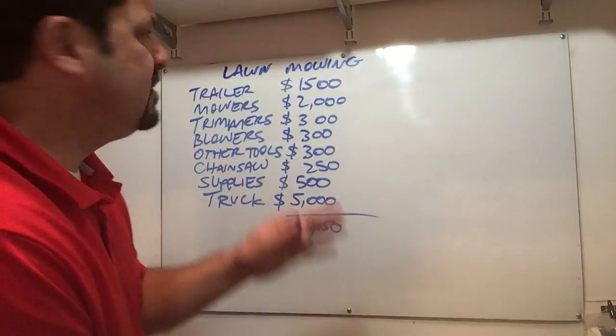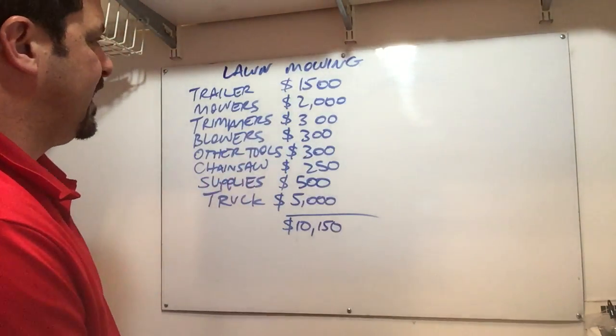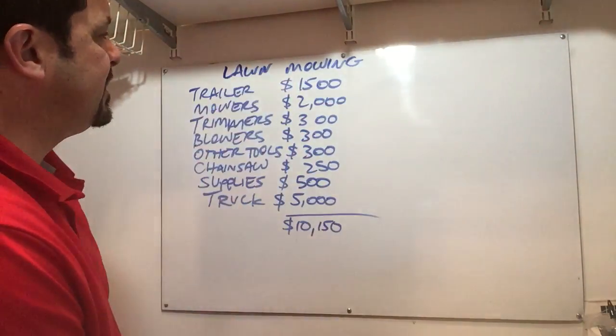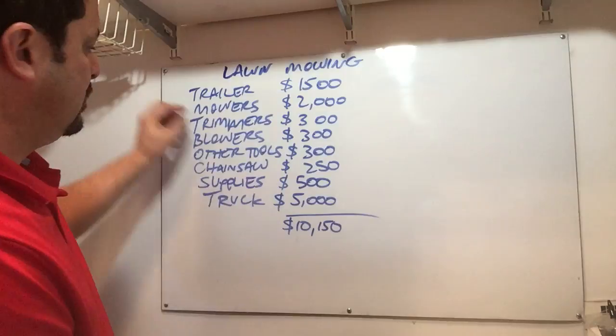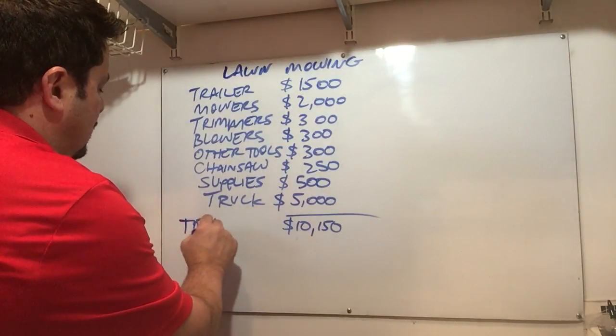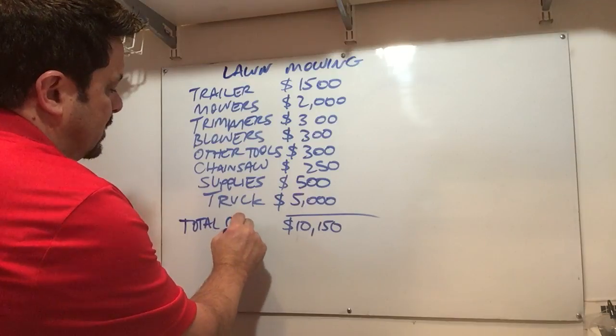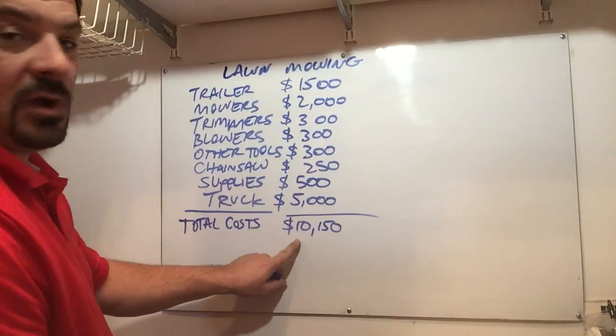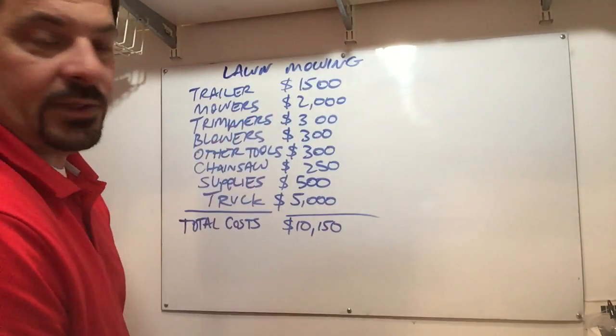So let's use this to work some percents. What I want to do is find out what percentage of our total this is. We'll call this our total costs. What percentage of our total costs is the trailer?